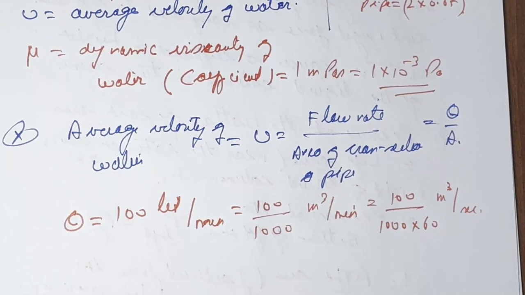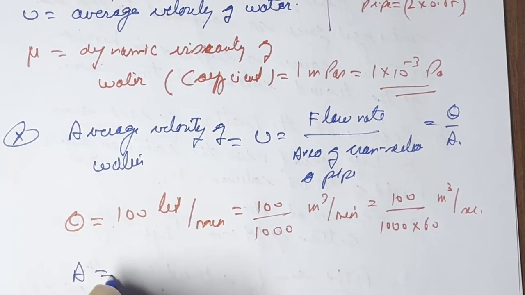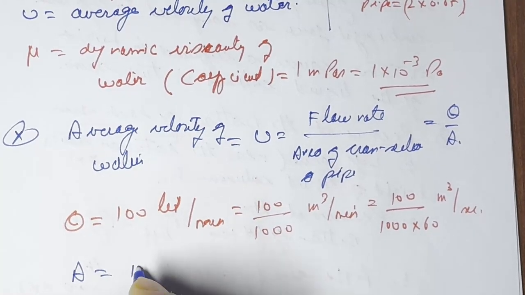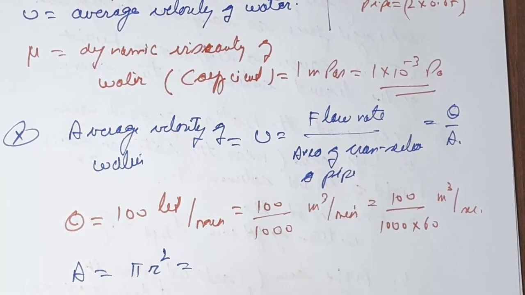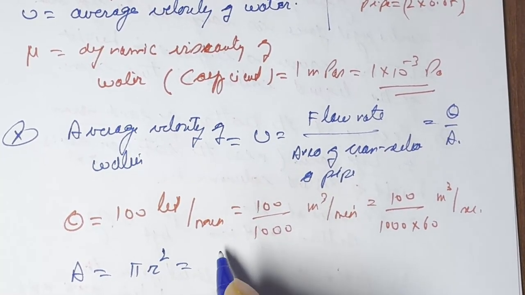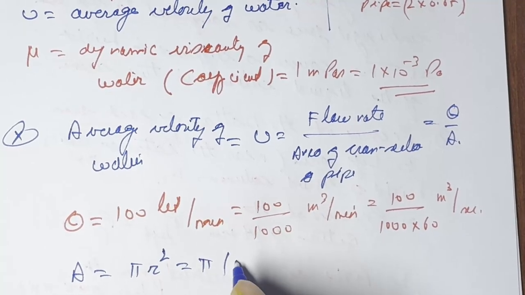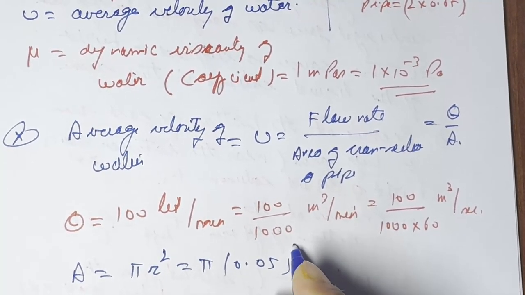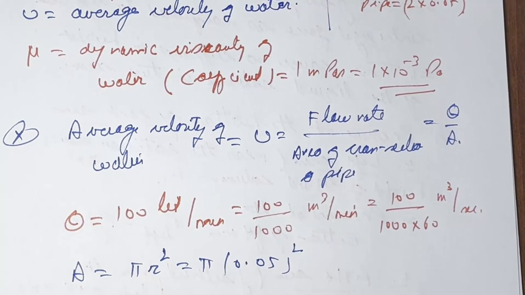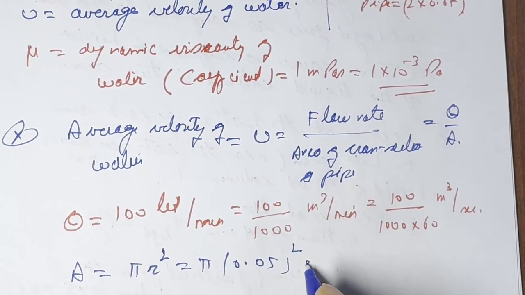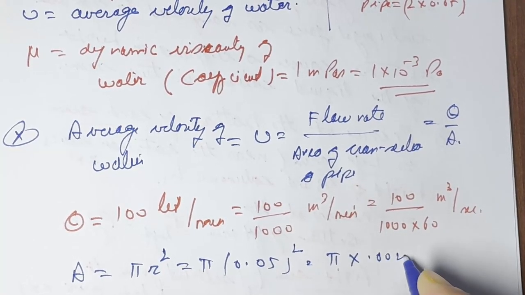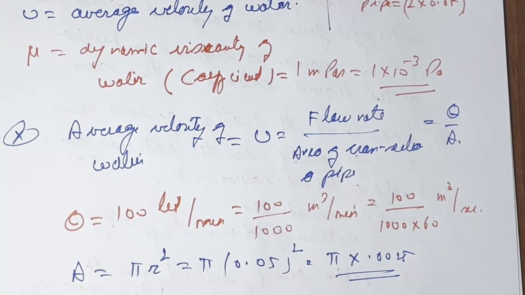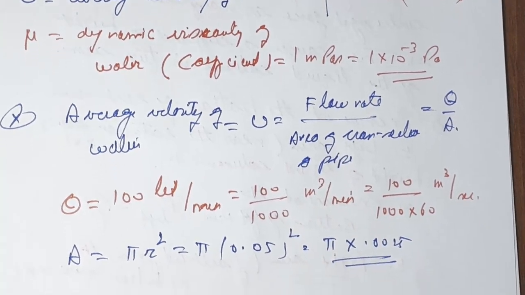And next is our area, and area is pi r square, and we are given the radius in centimeters, so this becomes pi multiplied by 0.05 whole square. Okay, so this we can write pi multiplied by 0.0025.